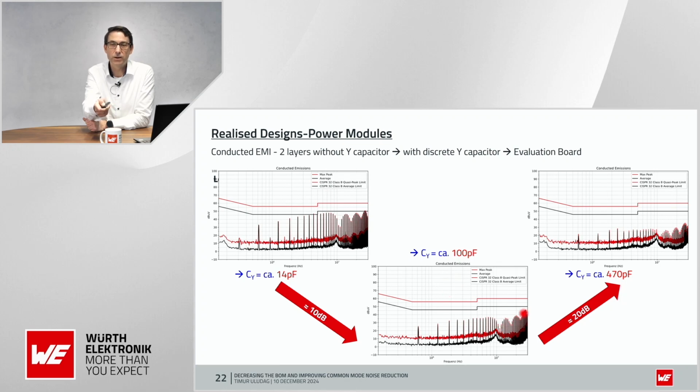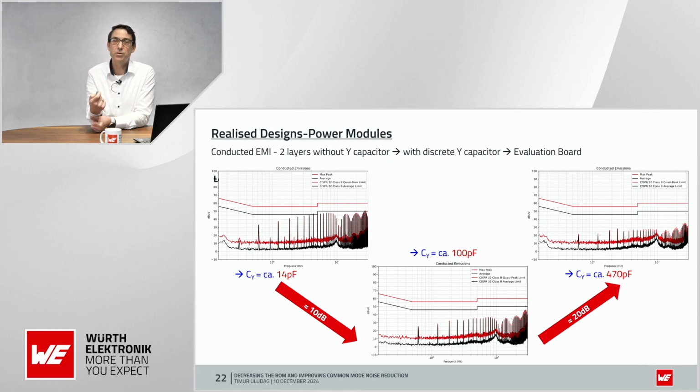Then we see we have a little bit of margin, but this is not enough for us. Then we jump to 470 picofarads and can see that between here and here we get about 20 dB. That means we have enough margin so that we can work with this.